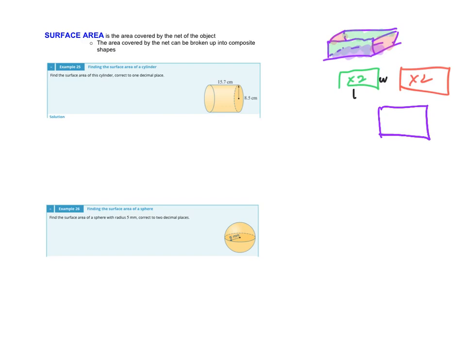Okay, so what happens if we've got this cylinder? We're going to have a look at this cylinder in a minute. Can you see a cylinder has the top of the cylinder, which is what type of shape? Circle. And then you've also got the bottom of the cylinder, which is what? Circle. And then you've got this bit that's going around the edge.